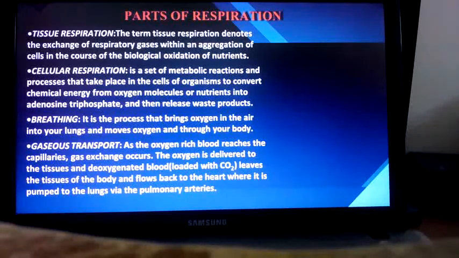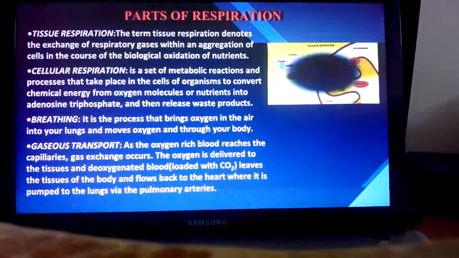As the oxygen-rich blood reaches the capillaries, gas exchange occurs. The oxygen is delivered into the tissues and deoxygenated blood, loaded with carbon dioxide, leaves the tissue of the body and flows back to the heart, where it is pumped to the lungs via the pulmonary arteries.